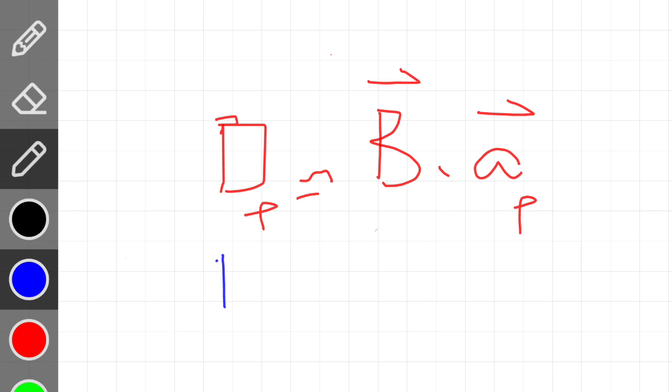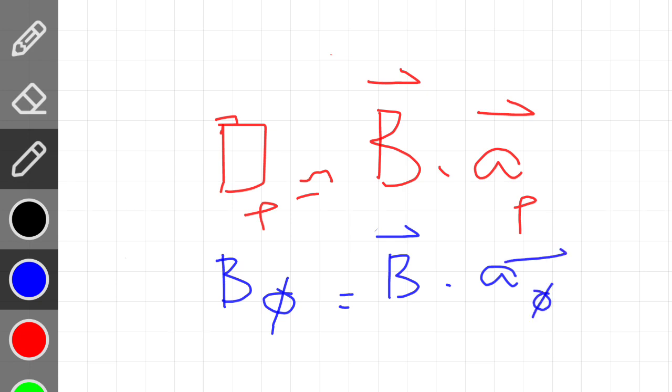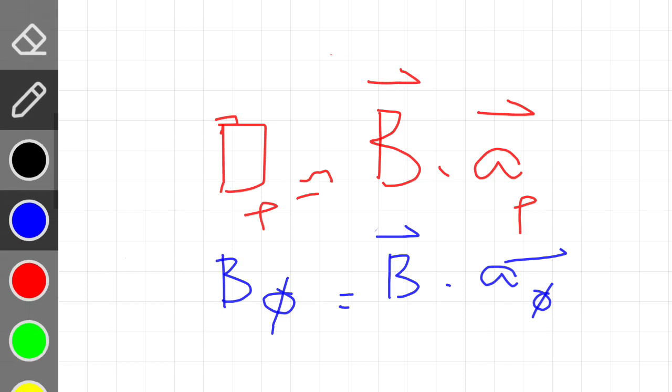The component of this vector along the unit vector a phi will be equal to B dot a phi. This will be the second component of this vector. Similarly, the z component of this vector will be equal to B dot az.